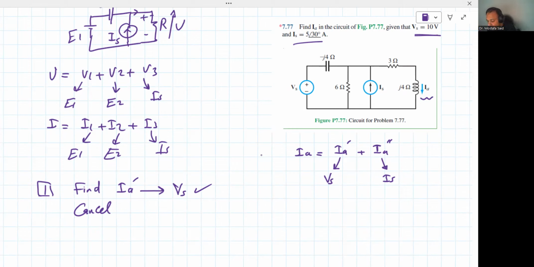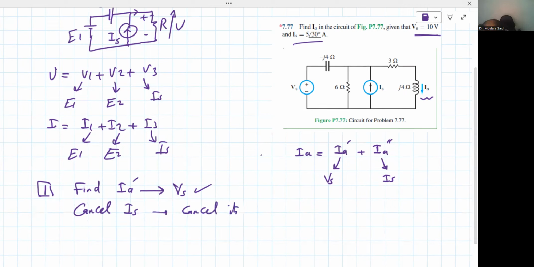So for example, here, this is equal to 10 volt. Whatever happens in the circuit, it is always 10 volt. IS is 5 angle 30, constant value. Whatever happens in the circuit, it's always 5 angle 30. So we're going to cancel IS. Now, how to cancel a current source? You cancel a current source by canceling its effect.